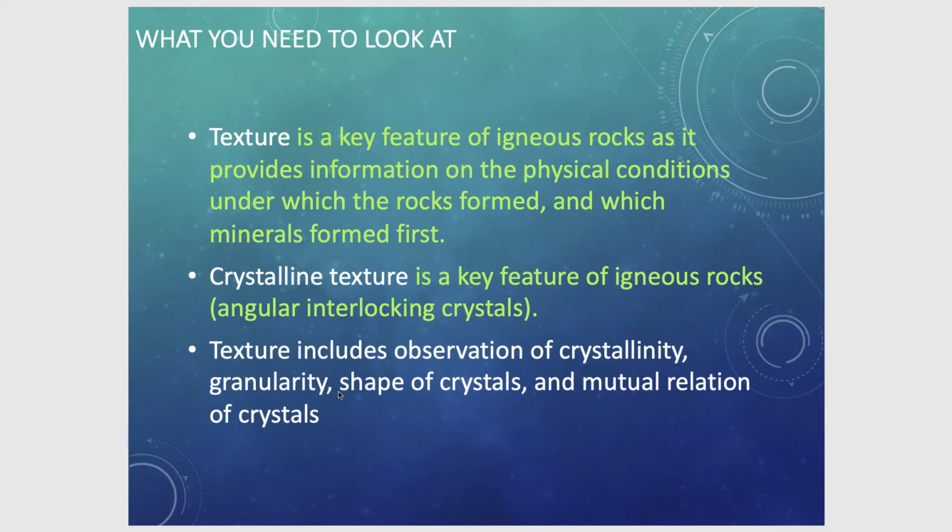So if it does have a relatively high level of crystallinity or rather low level of crystallinity, and we go back to that terminology of defining the rock as an aphanitic rock. So that commonly also falls into granularity, the description of the size of the grains, but by texture we also mean the shape of the crystals, because you can take minerals like quartz.